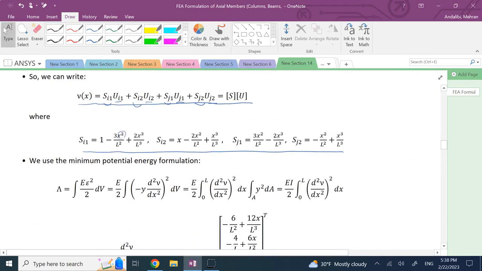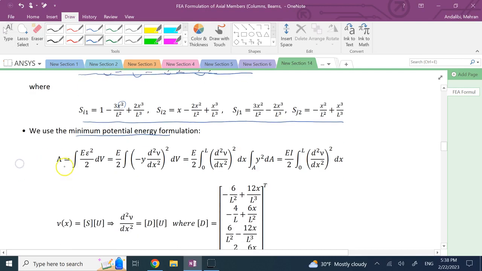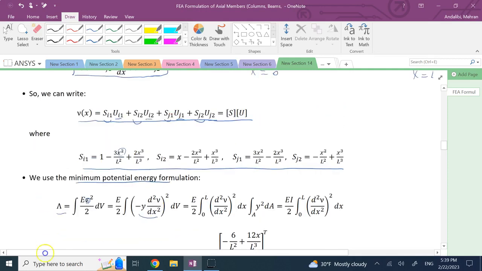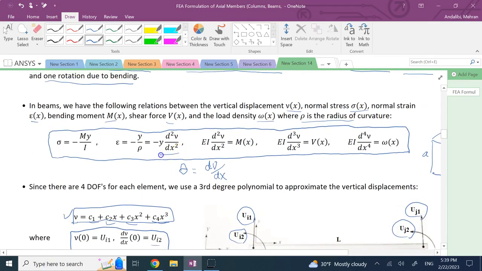Again, finding the stiffness matrix and the loading is done using minimum potential energy. It's the exact same thing. We use the strain energy, and this time your epsilon is going to be negative y times the second derivative of nu with respect to x, and this is coming from here.